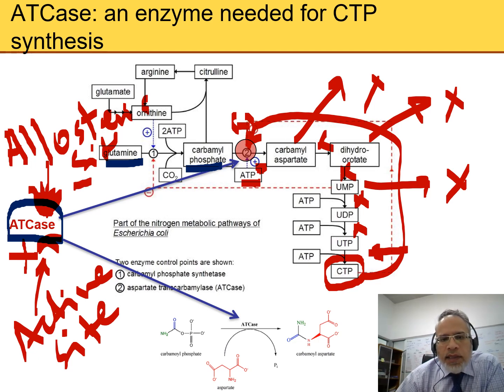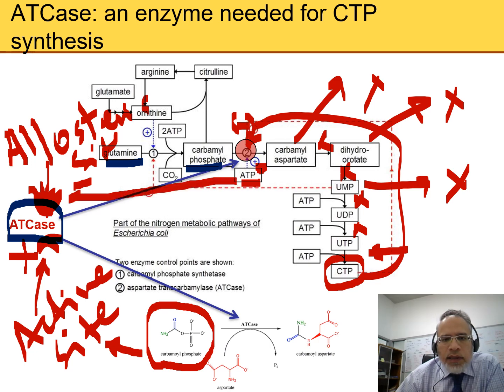And both ATP and CTP are binding to the allosteric site, not to the active site. And if you look at this pathway here, I would say the active site binds carbamyl phosphate. This guy binds to the active site, right? And ATP and CTP both are binding to the allosteric site. That's shown here. Okay, I hope this makes sense.